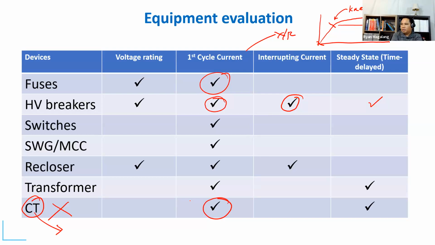It goes back to what we said earlier. Earlier I only showed one motor, but if you have multiple motors, from your utility, all of them will contribute. So you have to consider them.